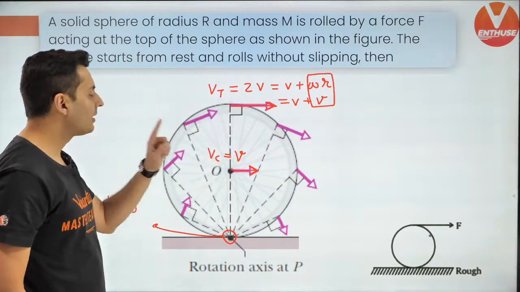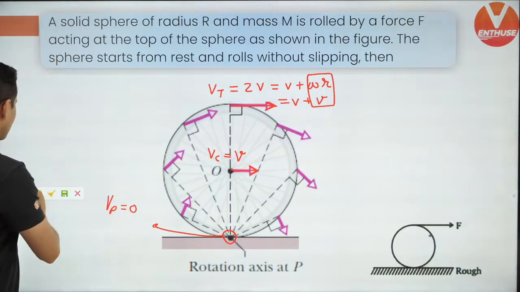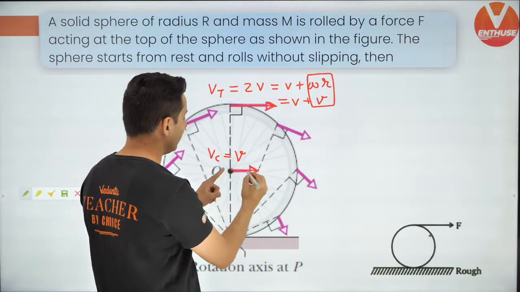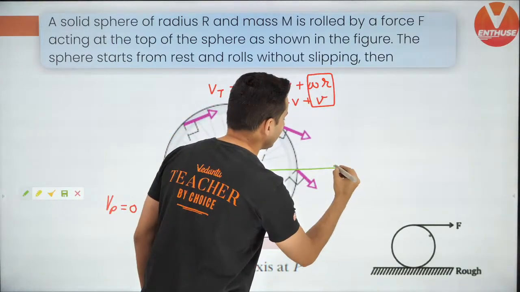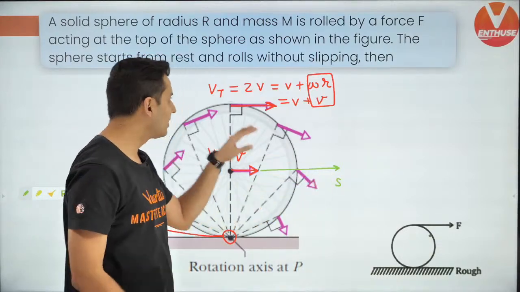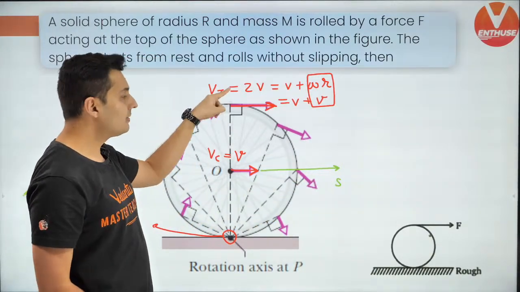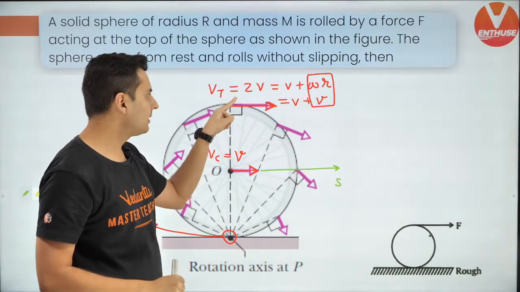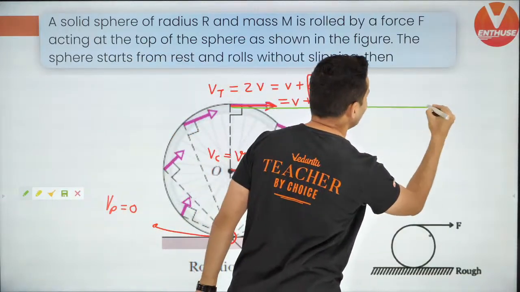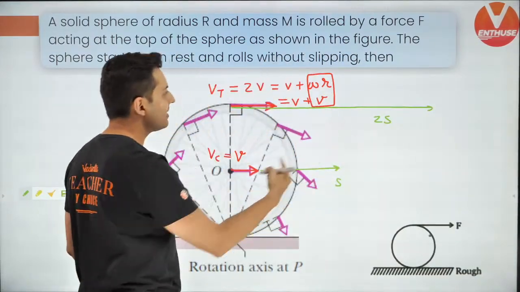So it is 2v. Now this makes things really clear, that if the center moves by a distance of s, the topmost point, since it has double the velocity, in that same time it's obviously going to move 2s, twice the amount.